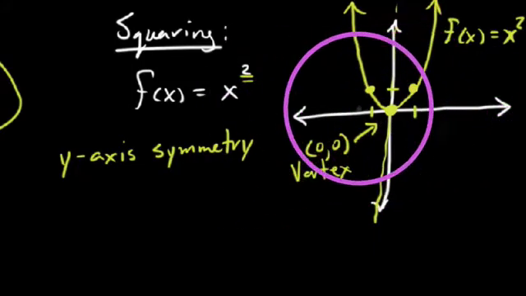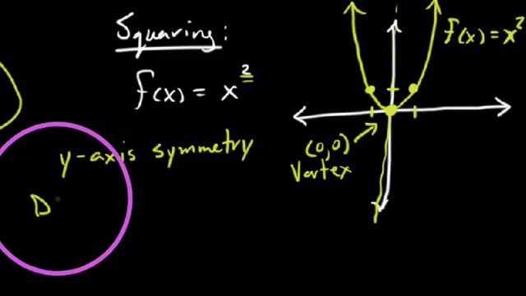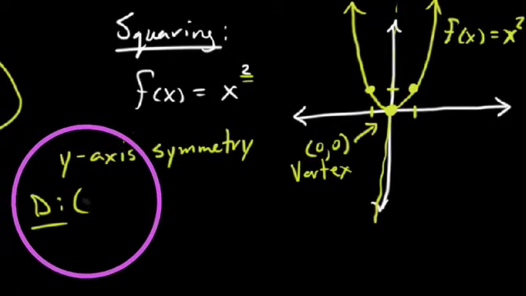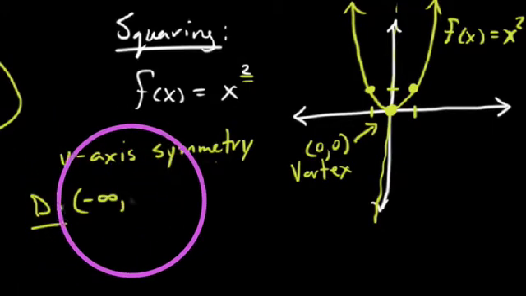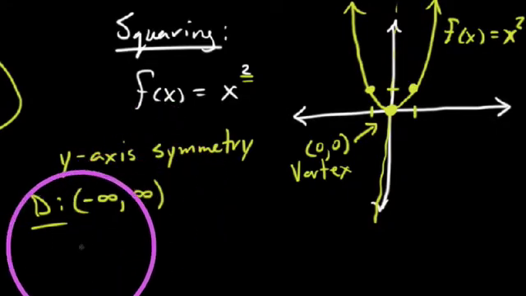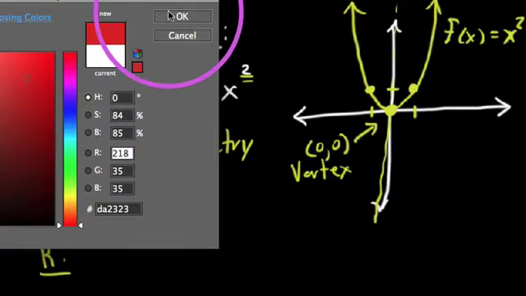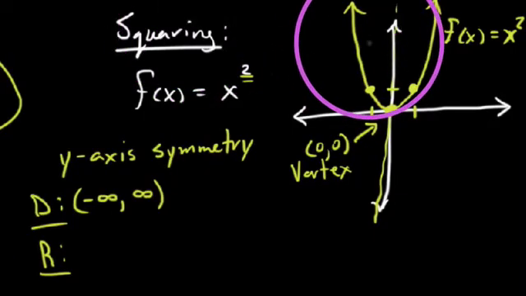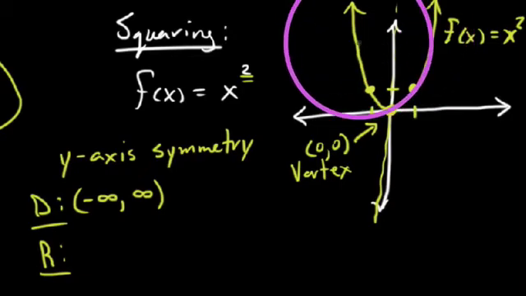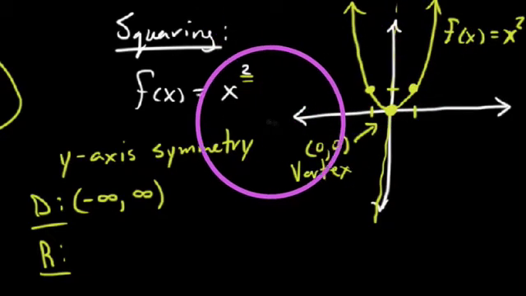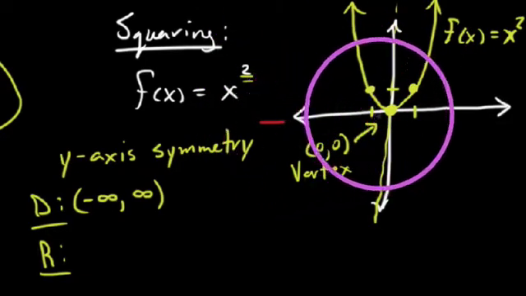In terms of domain, it's all real numbers. All x values, when plugged into this function, will give us a valid and defined output, or a y value. In terms of range, now this one's a little bit different. I'm going to switch over to red, that'll be a good contrast. Range, remember, is kind of like our y span for this graph. The lowest y value starts way down here at 0.